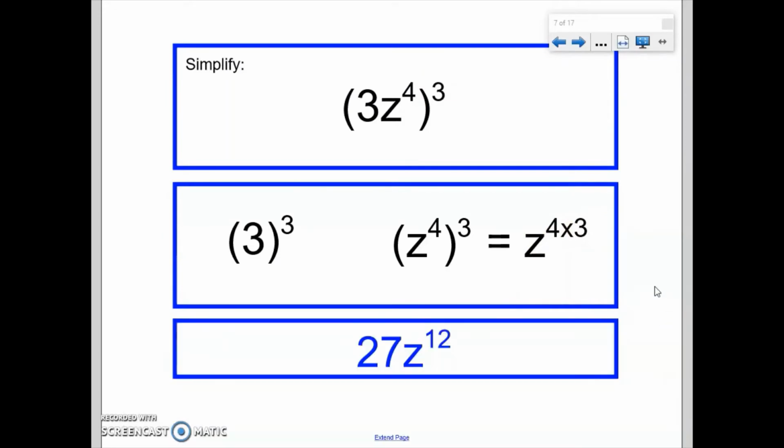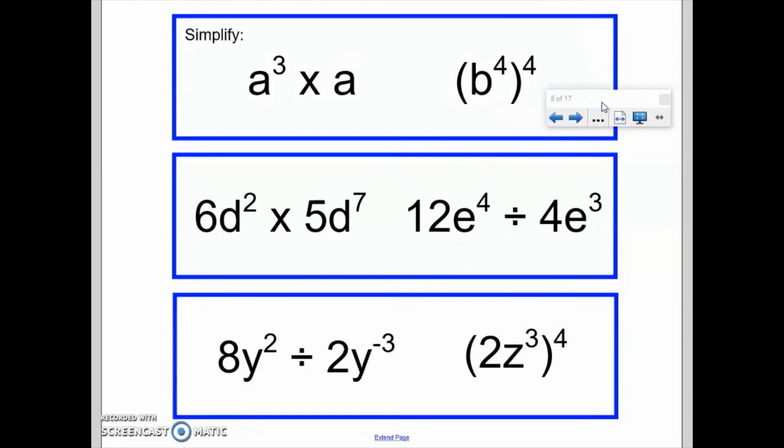When I put my answer together, 27z to the power of 12. The 27 comes from 3 cubed, which of course means 3 times 3 times 3. Gives me an answer of 27. Very well done there.